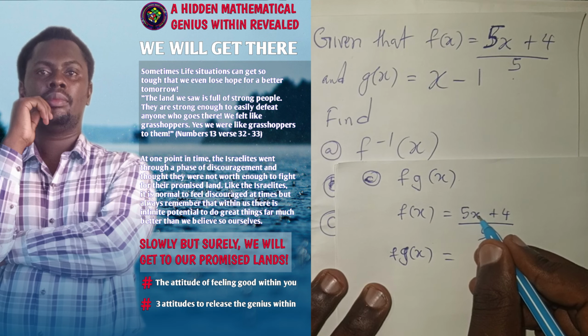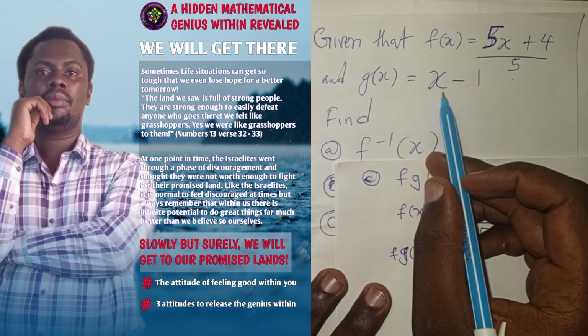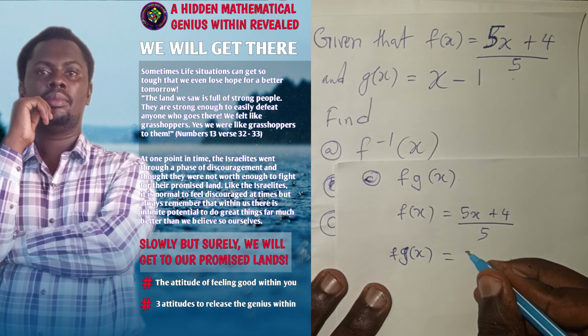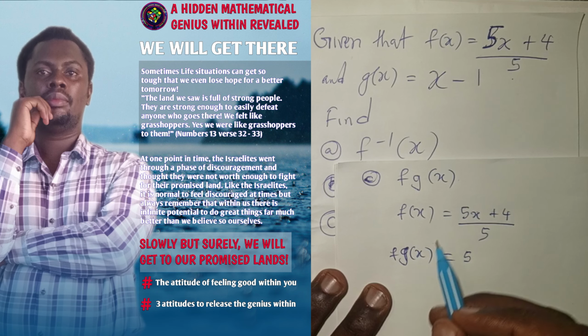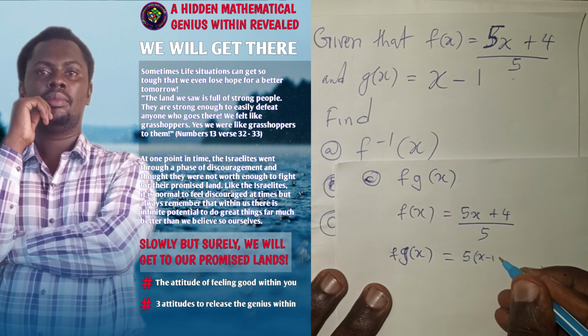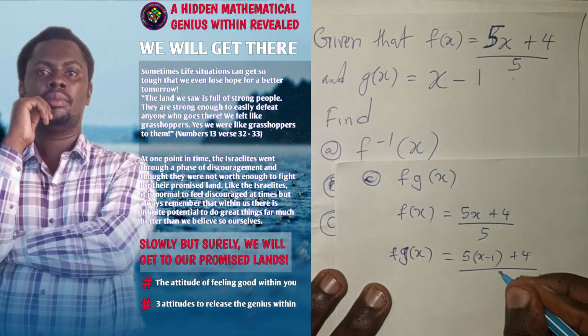We know that g of x is x minus 1. So you say 5, then in brackets we have x minus 1, then plus 4, all over 5.